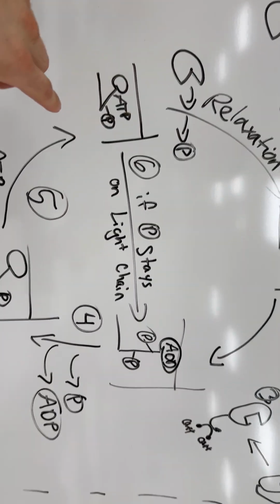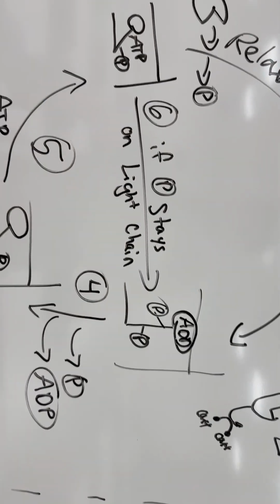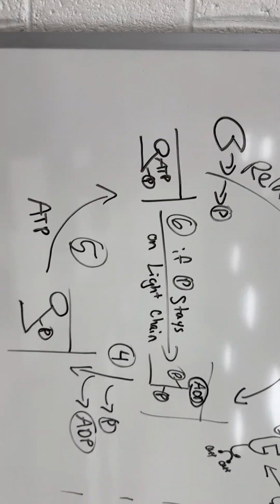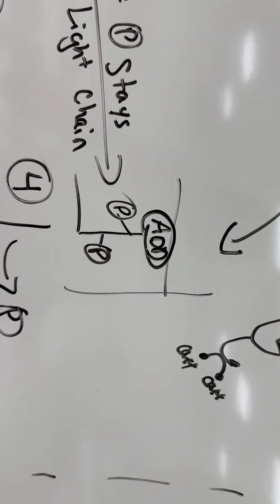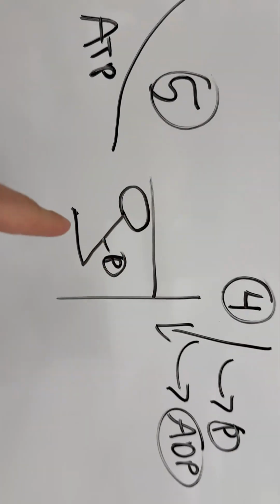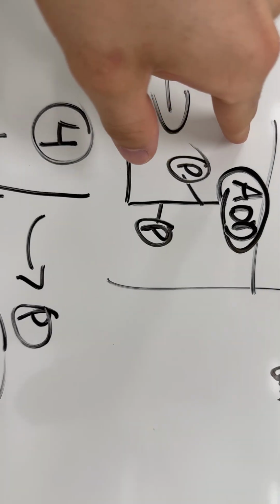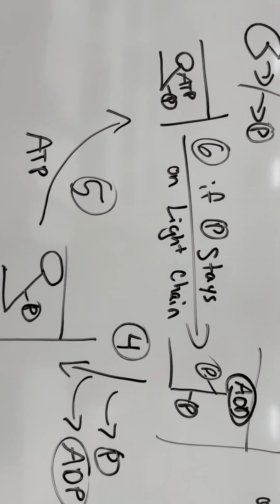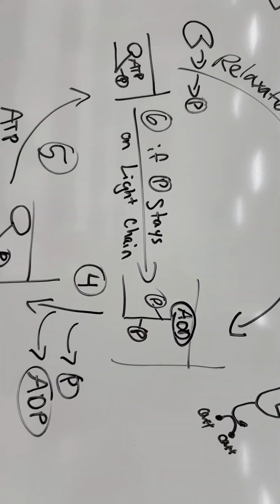If the phosphate stays on the light chain, we're just going to repeat the cycle because of the ATPase activity of the myosin head. It's going to hydrolyze that ATP and turn it into ADP, and then we're going to have two phosphates on there. Because this phosphate stays on, we are able to just connect right back onto the actin. So if the phosphate stays on after our power stroke and ATP, we're just going to come right back over to the actin there.